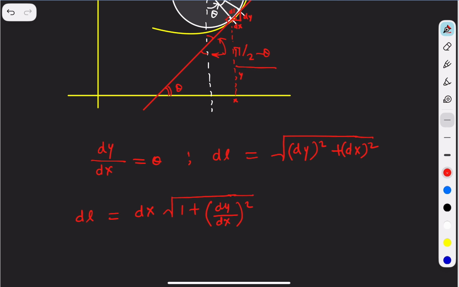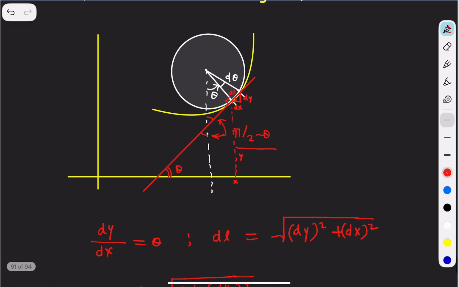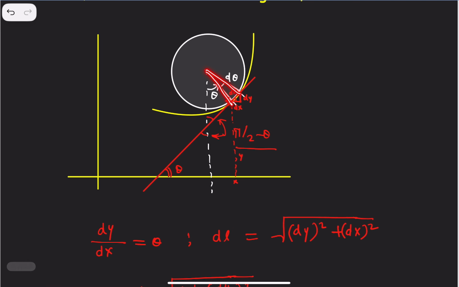Now we can replace this dl in terms of r and d theta. Let me do that also. We know that this is an arc, and this arc can be written as r d theta. I hope you're getting my point.